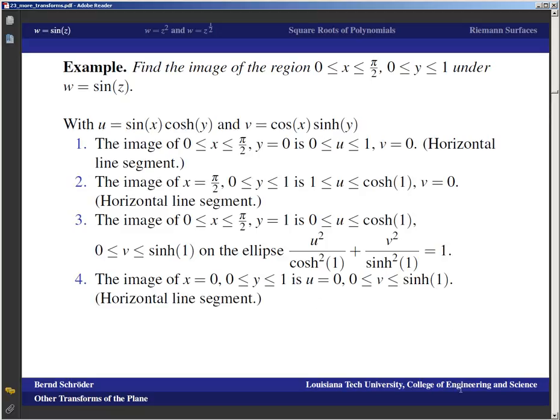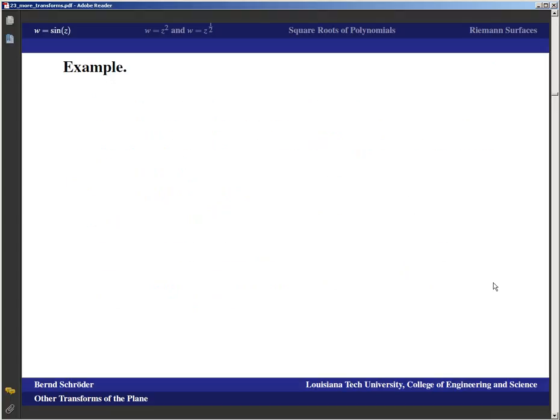And that is not a horizontal line segment, that's a vertical line segment. So basically what we have is that this rectangle is being turned into a quarter of an ellipse with appropriate radii.